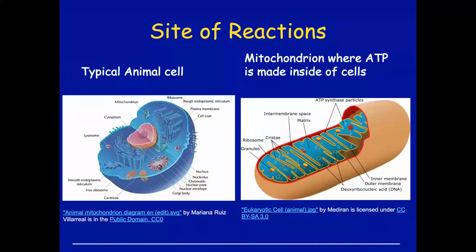So it shows you a typical animal cell on the left and shows you the mitochondria, which is where ATP is created within cells. Mitochondria is a fascinating organelle.